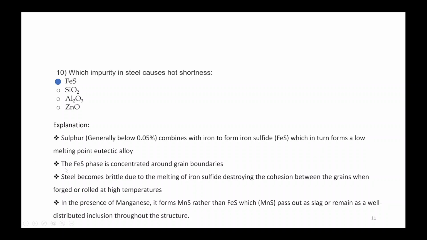This FeS phase is concentrated around grain boundaries, and your steel becomes brittle due to the melting of the iron sulfide, destroying the cohesion between the grains when forced or rolled at high temperatures. And in the presence of manganese, it forms manganese sulfide rather than iron sulfide, which passes out as a slag or remains as a well distributed inclusion throughout the structure.